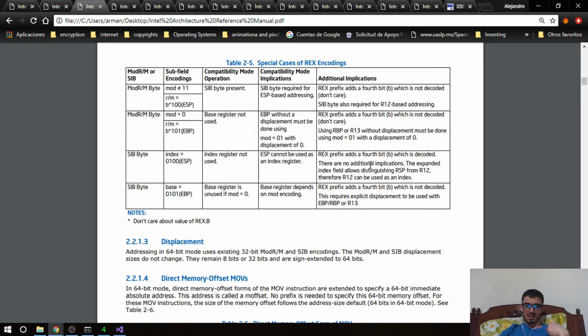The expanded index field allows distinguishing. This is the thing that we were looking for. Look at this. Hold on a second.